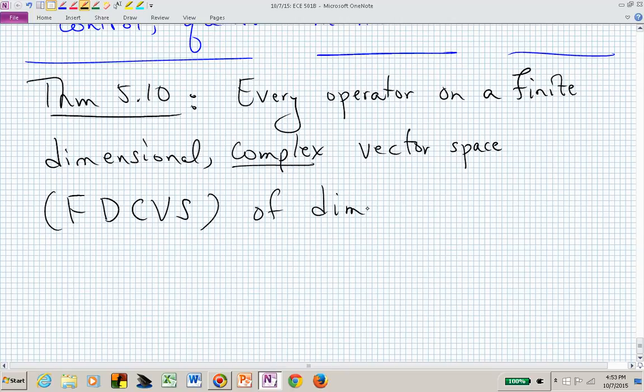For every operator on a finite dimensional complex vector space of positive dimension, of dimension greater than 0, every operator has an eigenvalue.